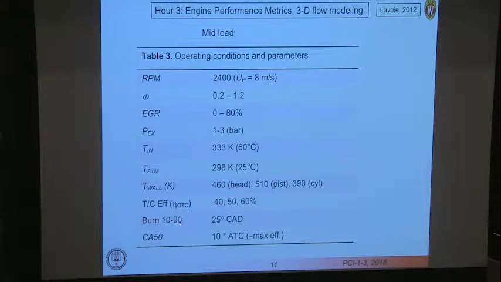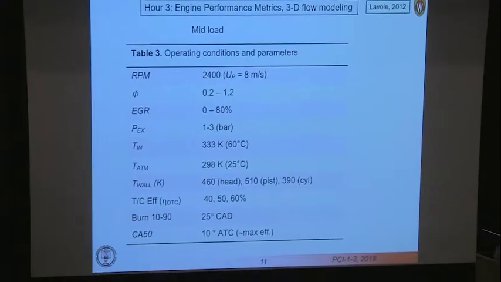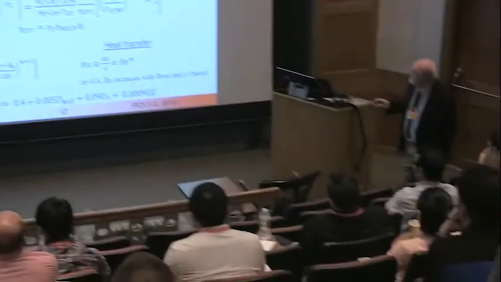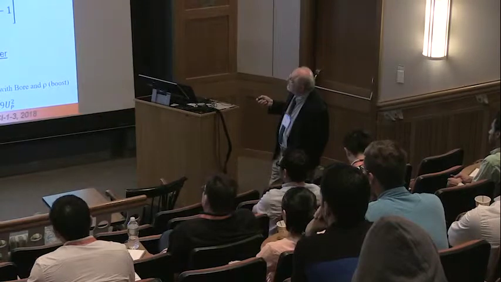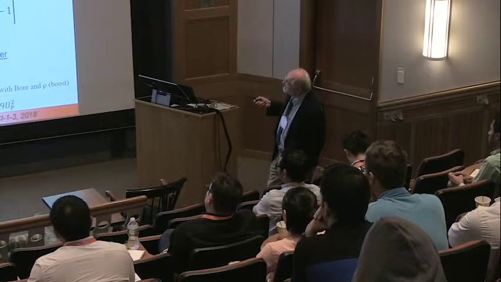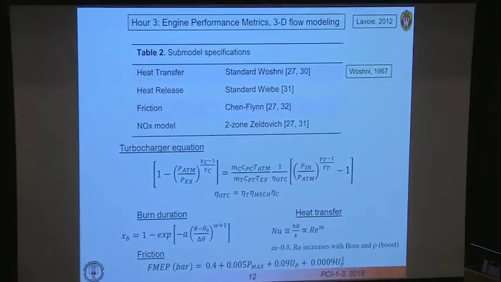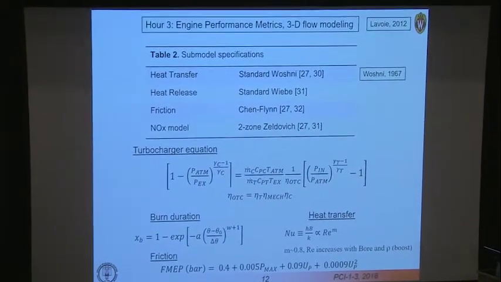The 10 to 90% burn was 25 crank angle, and the timing of combustion was, as shown here, 10 degrees after top dead center. The model that they used in this paper was the Woschni for the heat transfer, the Wiebe for combustion, Chen-Flynn for friction. They actually even had a NOx model in this paper.